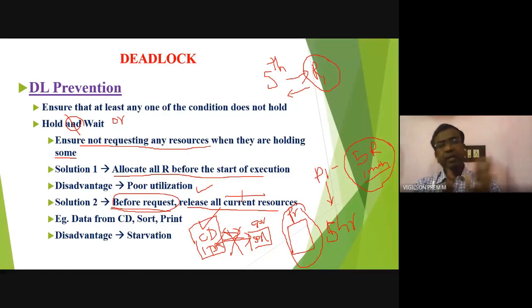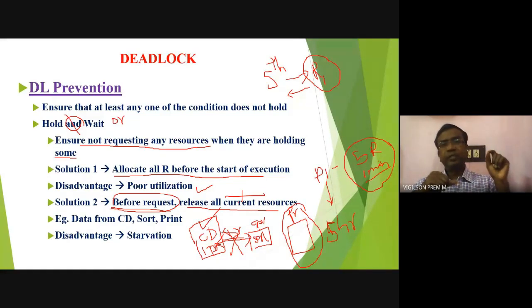I am releasing all the current resources I am holding. I am not holding any resource. Now I am waiting for another resource. After 2 minutes, that resource is also allocated. Listen carefully.